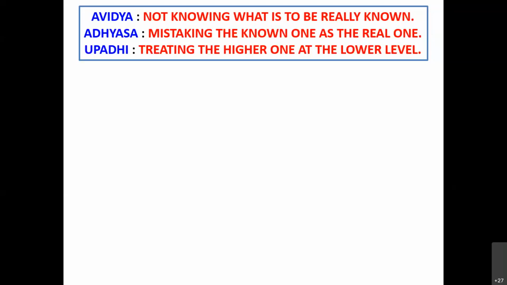That's a systemic study of Vedanta. If this is not properly understood, that Johari Windows model, there are different models available there, and they will remain the same. That Johari window will never become ideal as long as avidya, adhyasa and upadhi are there.